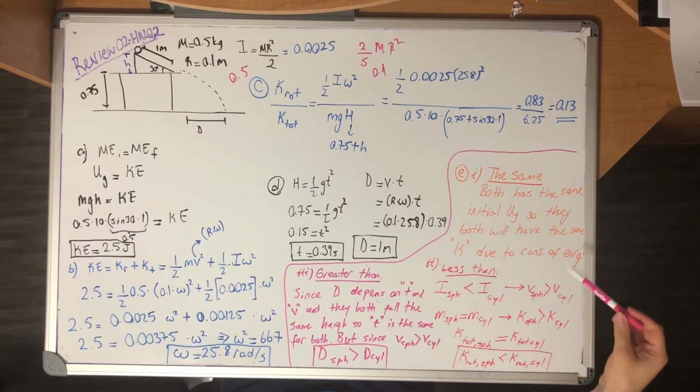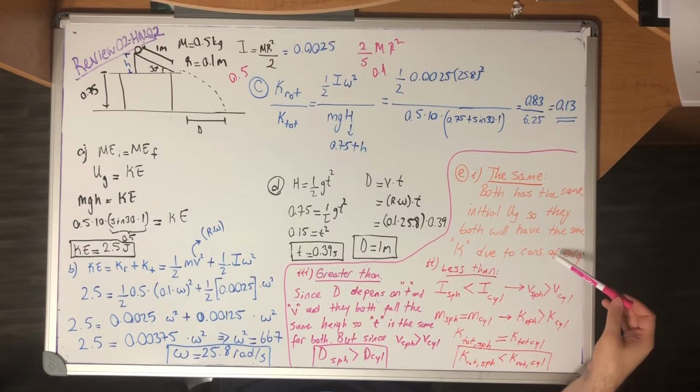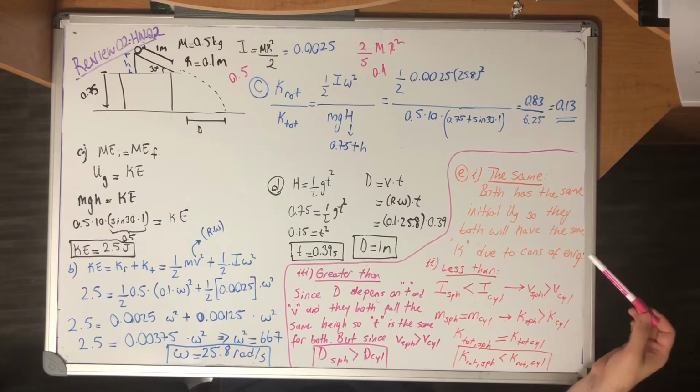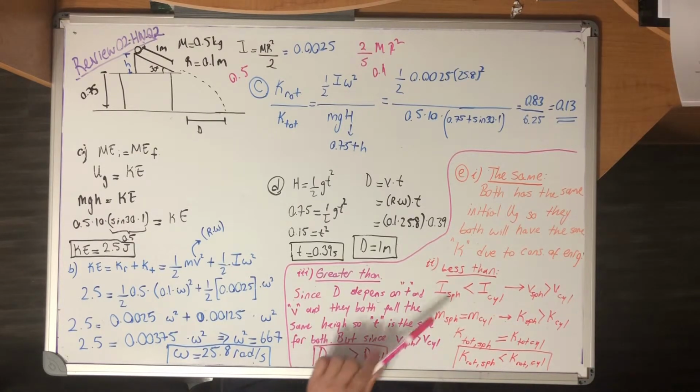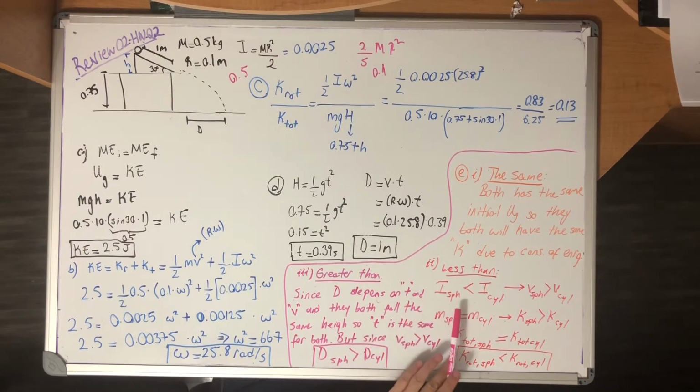So in part 2, they are now asking for rotational kinetic energy. So we know that total kinetic energy will be the same, but what will happen to the rotational kinetic energy? So instead of writing them down, I just put the relationships and then let's see how it goes. So moment of inertia of this sphere is less than the cylinder. So if moment of inertia is less, that means you're going to have less resistance to the movement.